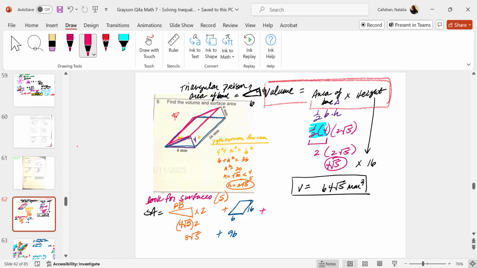Do you see that? What are the two numbers that you need to find the area of that? Don't know what this is, right? But that was the height, correct? Did anyone figure out what the height was? What was the height? Nope, that's the area of the base.